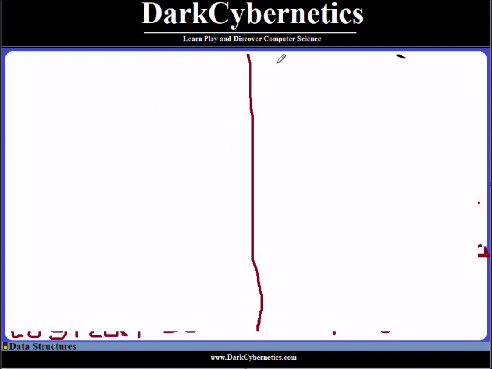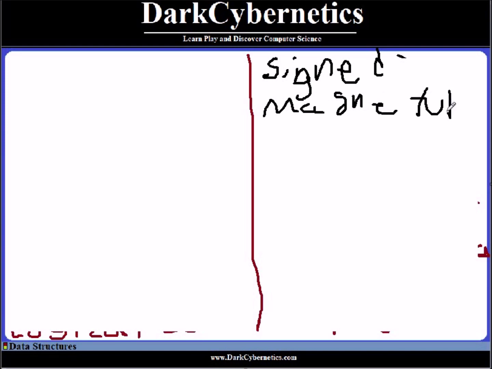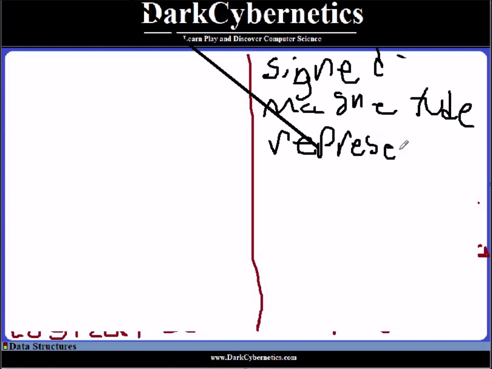Okay, so let's work on the implementation portion, or the data structure portion. When we code something, suppose we were using some type of signed magnitude integer value, or representation for our system or our program, for an integer value instead of real numbers.